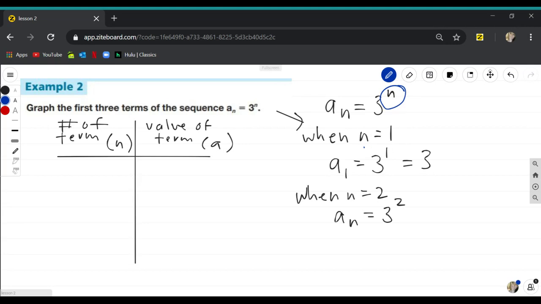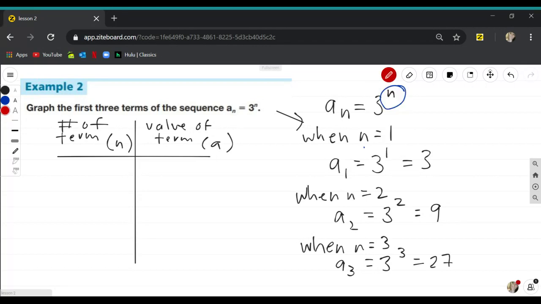See how I'm just plugging in that number? So when n equals 2, this equals 9. When n equals 3, a_3 is equal to 3 cubed, which is 27.